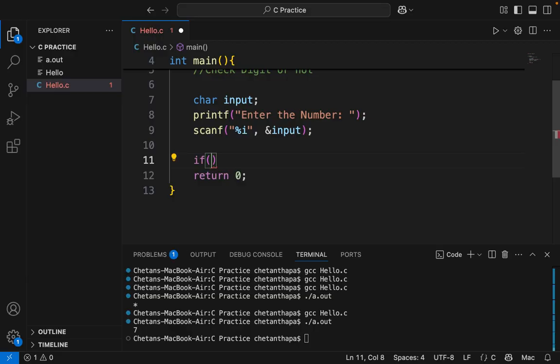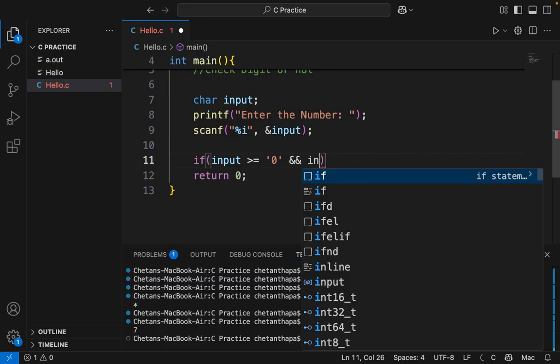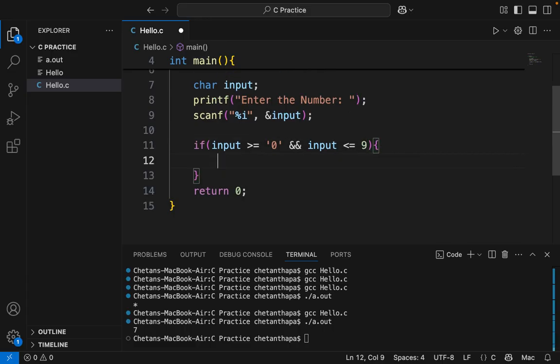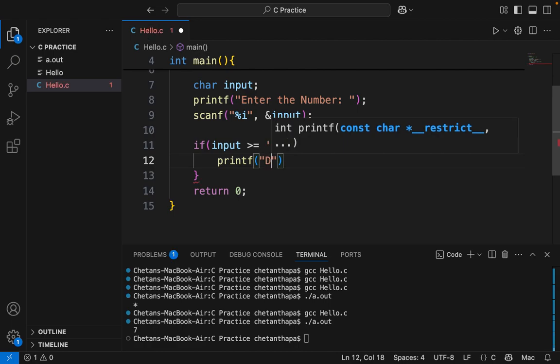So if input greater than or equal to 0 and input smaller than or equal to 9, print digit.